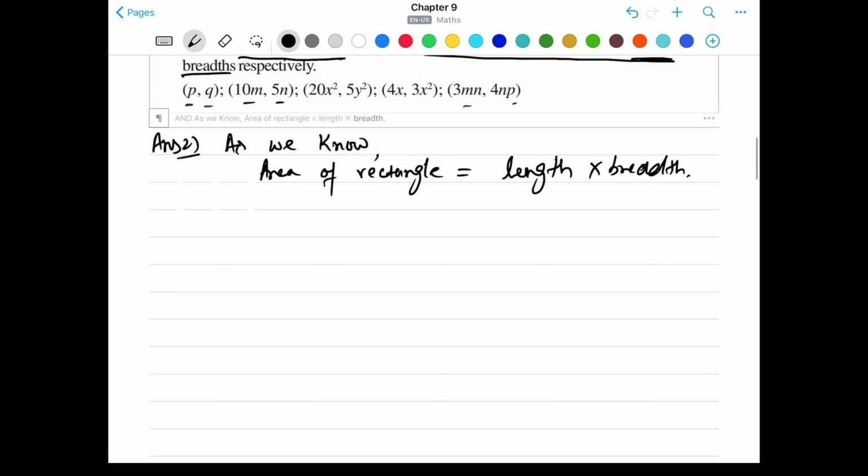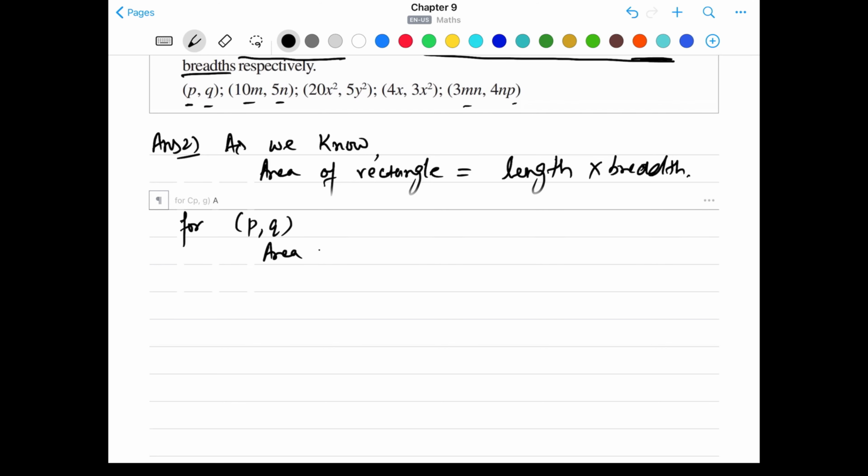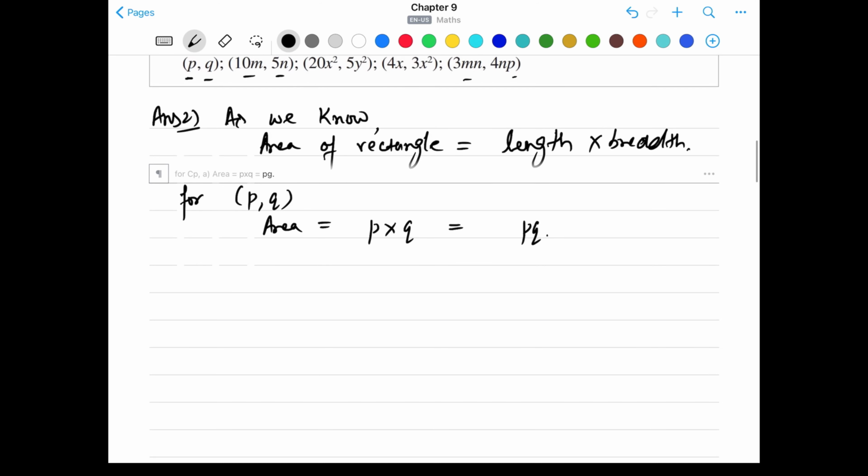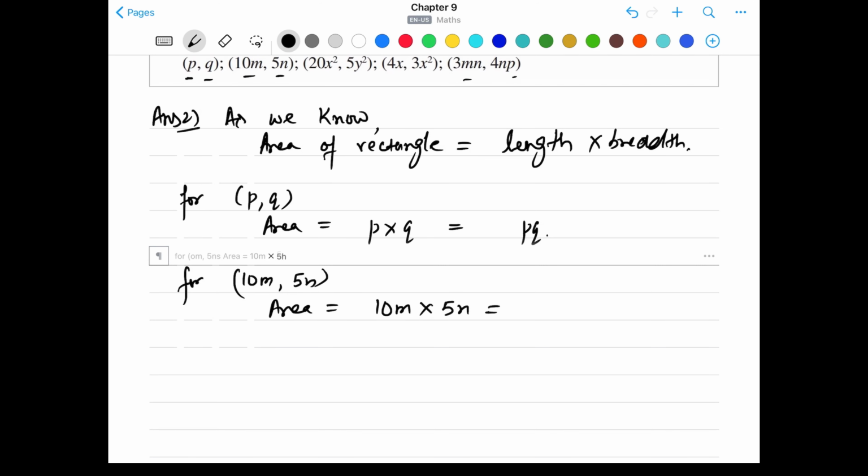So the first is for p and q, area will be length which is p into breadth which is q, so the answer will be pq. Second is for 10m and 5n, area will be equal to 10m into 5n, that will be 10 into 5 is 50, and m into n will give us mn.